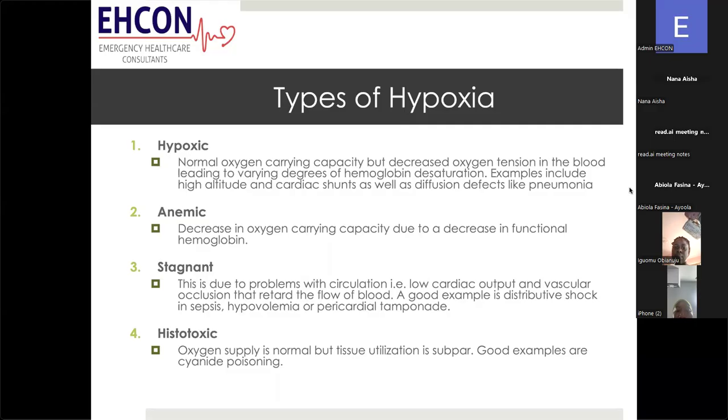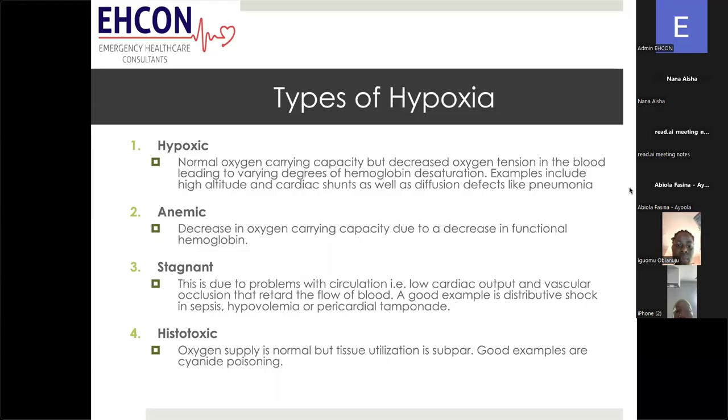And so you might have normal hemoglobin, but functionally your hemoglobin is decreased because some of it has been poisoned by carbon monoxide. This is an example of anemic hypoxia, which is another type of hypoxia that we may see.